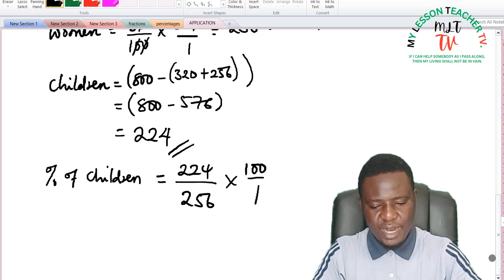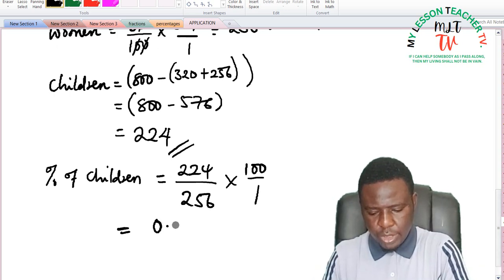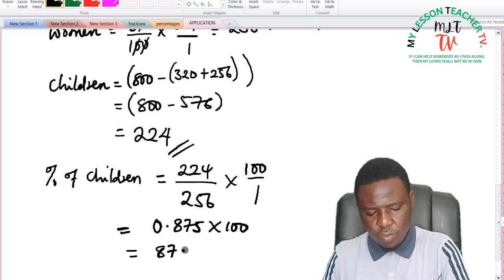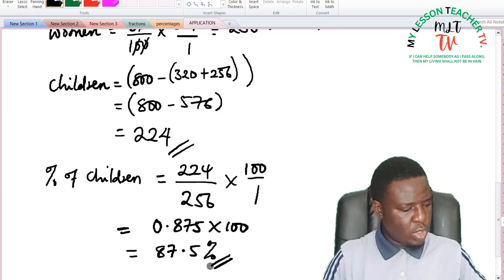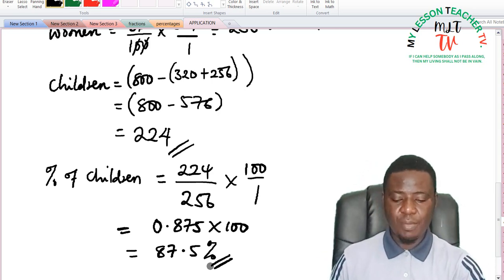And when you simplify this using your calculator, this is said to be 0.875 times 100. This is equal to 87.5%.